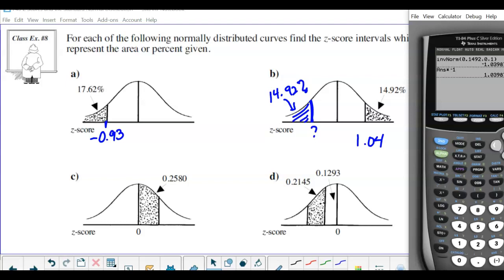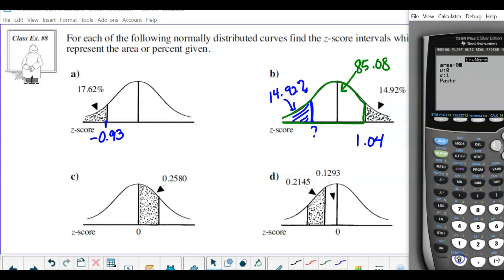Alternatively, you could say, okay, if this is 14.92, then this percent here is 85.08, and you could go inverse norm of that, because that is going from the left.